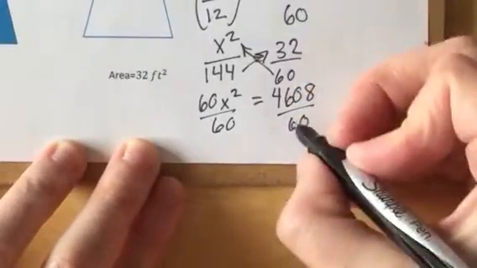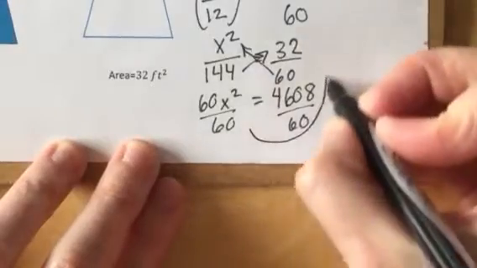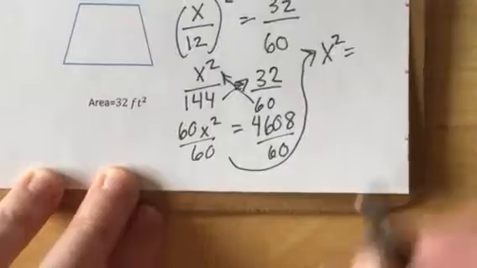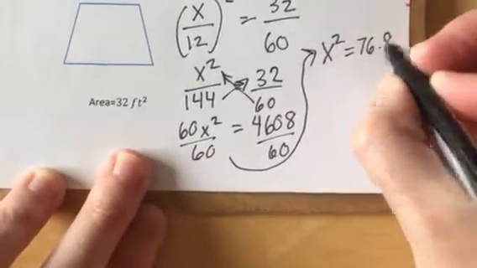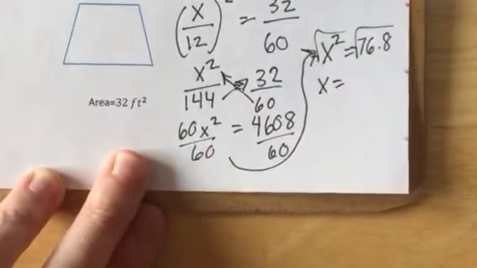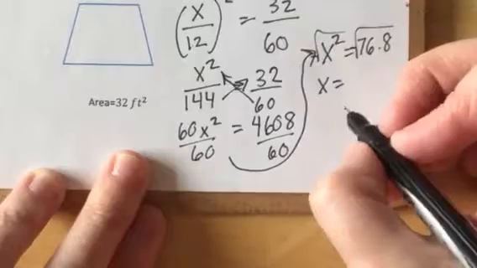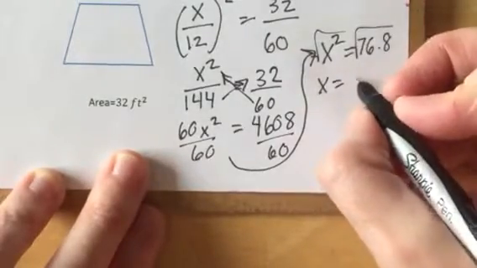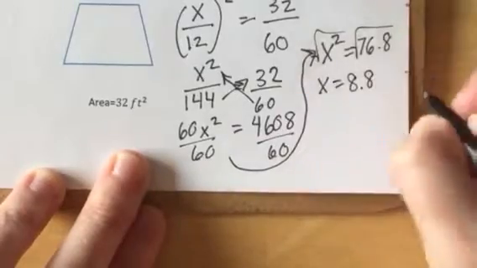So x squared, running out of space. Here's some more. x squared equals 76.8. So to find x alone, we're going to take the square root of both sides. And we get 8.7635692. I'm going to round to the nearest tenth and put it at 8.8.